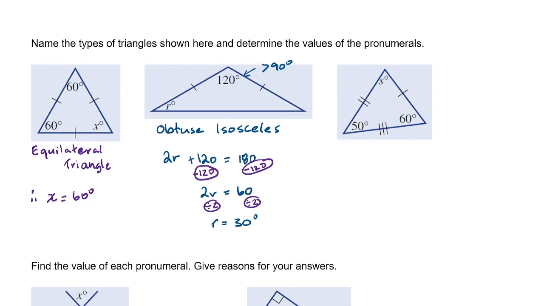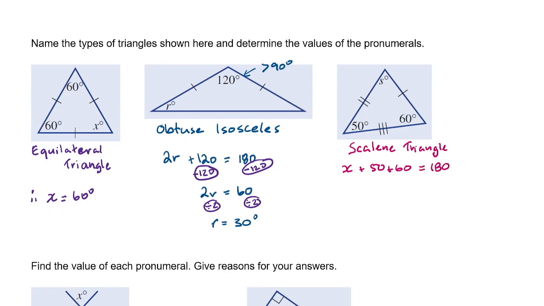Now the last one here, we've got no sides the same, therefore we're going to have no angles the same. That makes it our S triangle, which is scalene. So this is a scalene triangle. Now we do know that the 50, the 60, and the x all have to add up to 180. So we can go x plus 50 plus 60 equals 180.